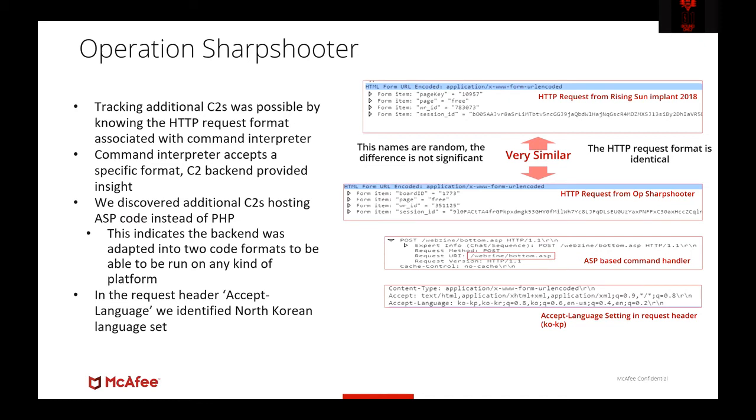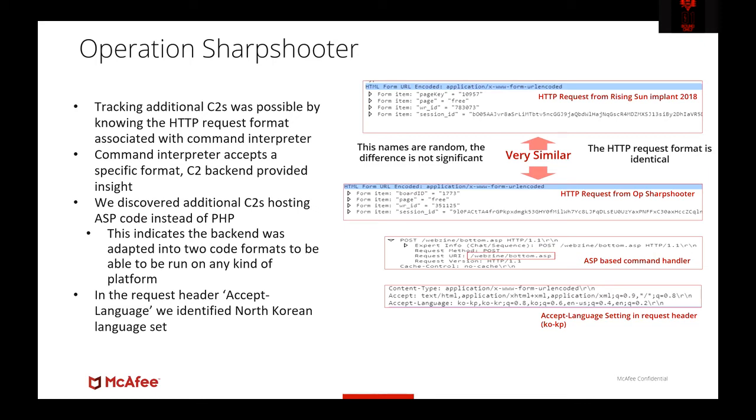We also saw that there were variations that were interpreting for an ASP-based command handler. We also saw that they're setting the accept language request setting in the header as co-KP, referring to the North Korean language set.